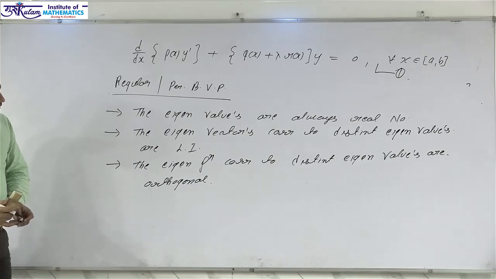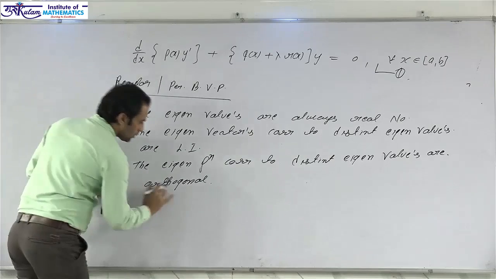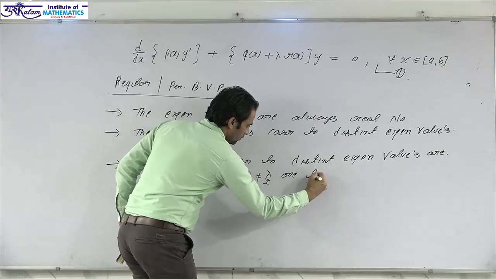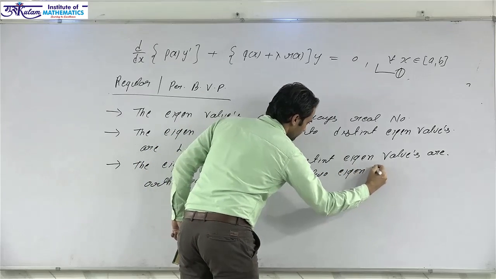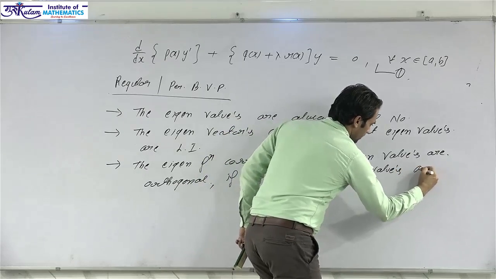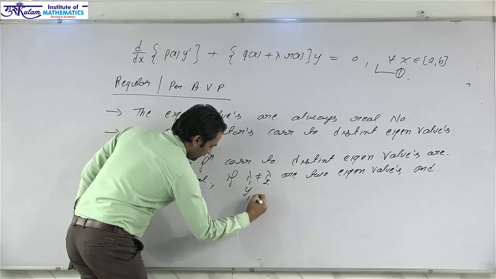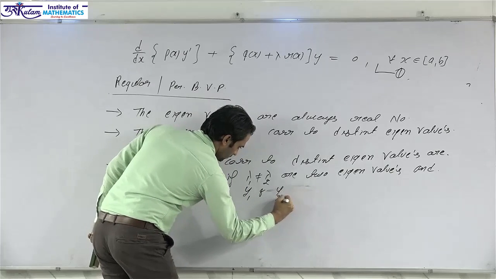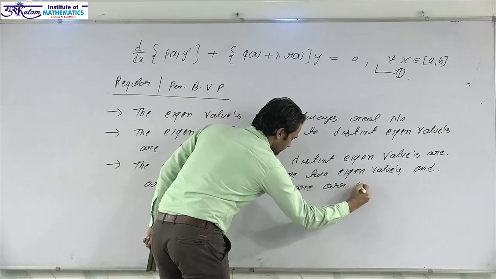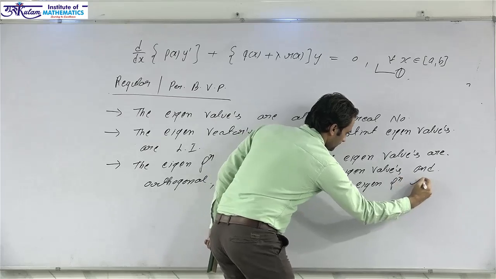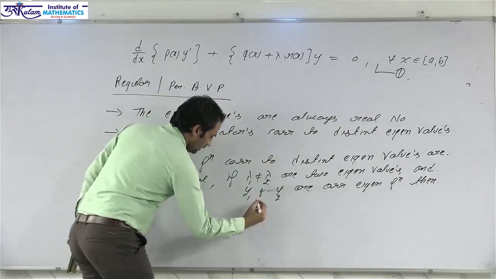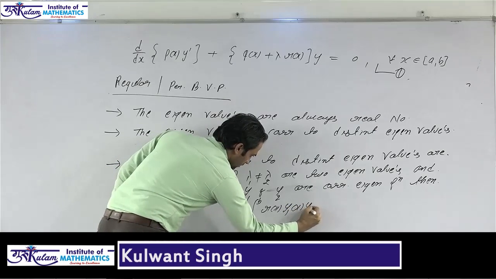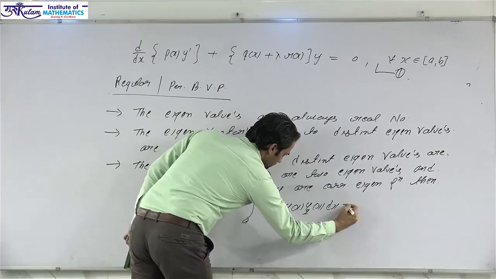That is, the eigenfunctions corresponding to distinct eigenvalues are orthogonal, and the meaning of orthogonal is: if lambda 1 not equal to lambda 2 are two eigenvalues and y1 and y2 are the corresponding eigenfunctions, then the integral from a to b of r(x) y1(x) y2(x) dx must be 0.